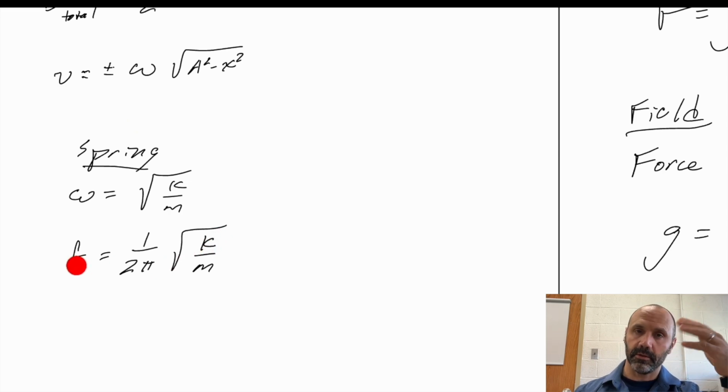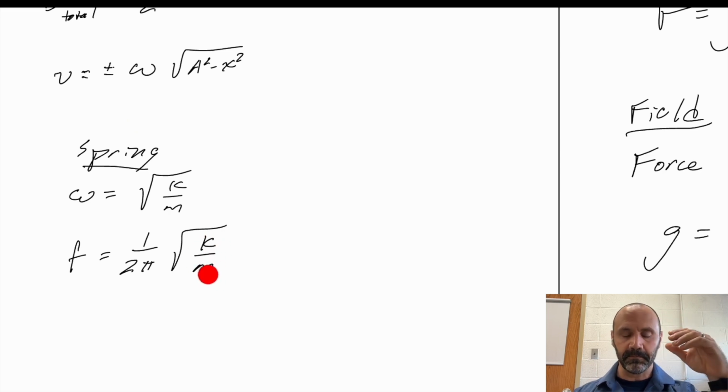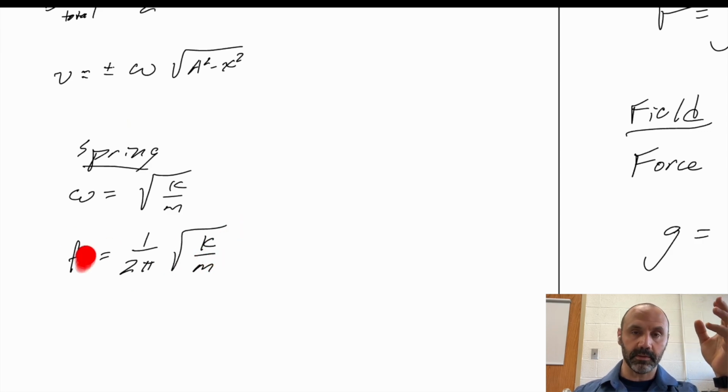Frequency is 1 over seconds, a hertz is 1 per second. So how do I have to arrange k and m to get 1 per second? The kilograms cancel out with the mass on the bottom. I have 1 over second squared. The square root of that is just 1 over seconds, and that's frequency.